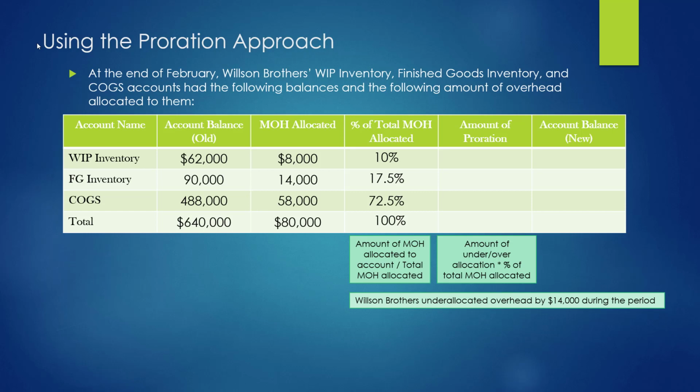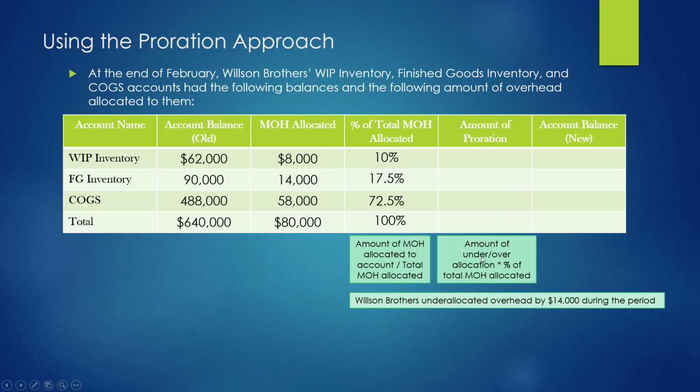Well, if we prorate, we take a percentage of that amount we missed by, $14,000, and put an extra, in this case because it's an under allocation, amount of overhead into that job equal to the proportion of the overhead that we did allocate which ended up in that account. If 10% of our overhead ended up in jobs which are still considered WIP, why don't we take 10% of that misallocation right here and also put it into WIP inventory?